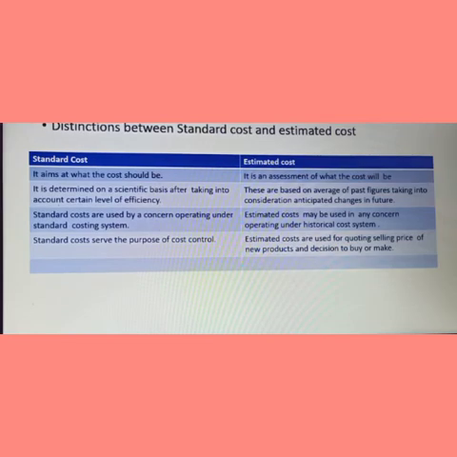Estimated costs are based on average of past figures taking into consideration anticipated changes in future. Standard costs are used by a concern operating under standard costing system. Estimated costs may be used in any concern operating under historical costing system. Standard costs serve the purpose of cost control, whereas estimated costs are used for quoting selling price of new products and decision to buy or make.